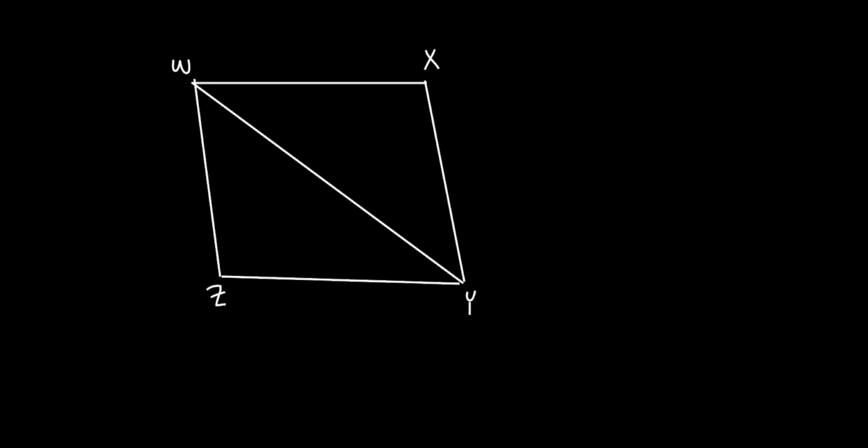All right, and they tell you a couple things. Here's what they tell you. They tell you that this angle right here is equal to this angle right here, and they tell you that this one is equal to this one. And that's it. That's all they tell you. So you got to figure out, are they congruent to each other? If they are, what's the postulate or theorem that allows them to be congruent?